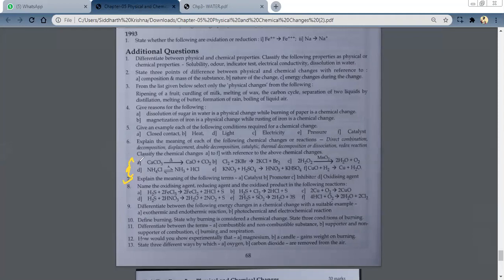So, 6A. Anushruta, can you tell the answer? So it is thermal decomposition reaction. Very good. This is decomposition.